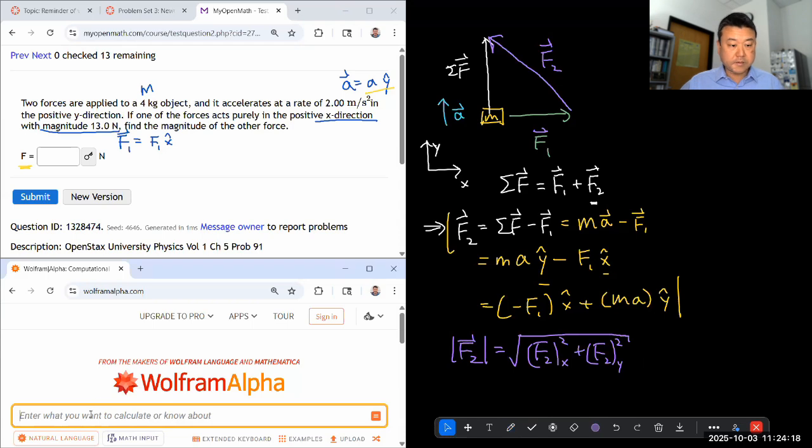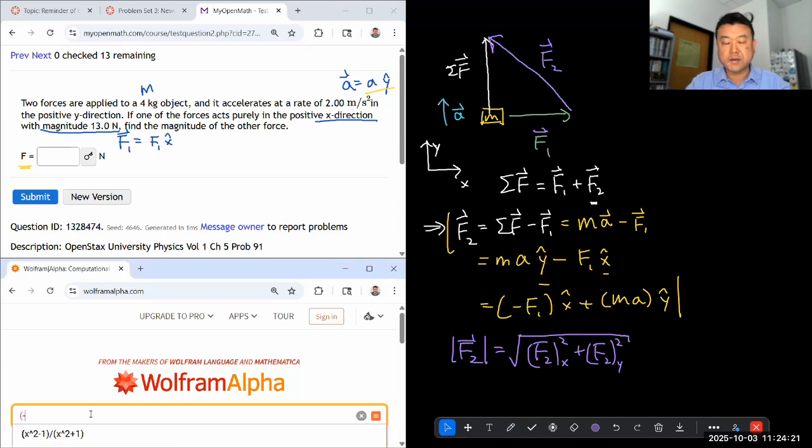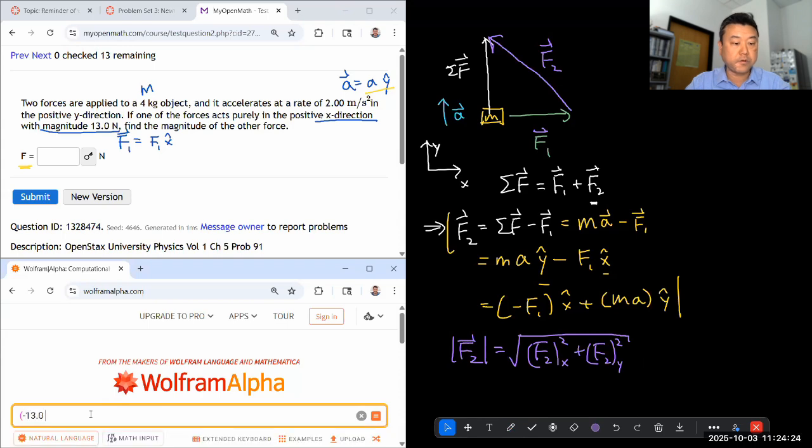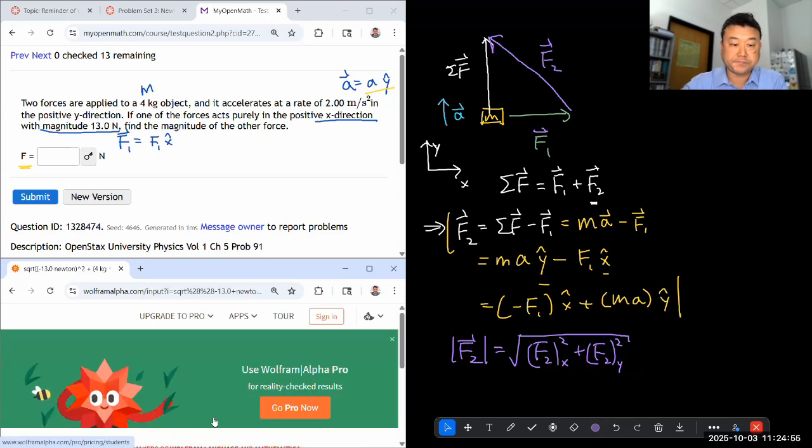The x component is going to be minus F1, or 13.0 Newton, and I'll be squaring it and adding it to the F2 y component, or mass times acceleration. That will be the mass, 4 kilogram, times the acceleration that we were given, 2.00 meter per second squared. And I square that for this portion of the expression. I've added them, take the square root. So that should give me the magnitude.